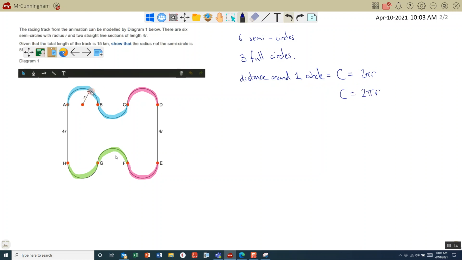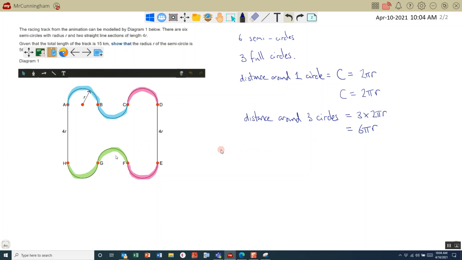And I don't know what r is. R is what I'm trying to figure out. So the distance around the 3 circles is going to be 3 times 2 times pi times r. And 3 times 2 is 6 times pi times r. So the distance around these circles that I've highlighted is 6 pi r.